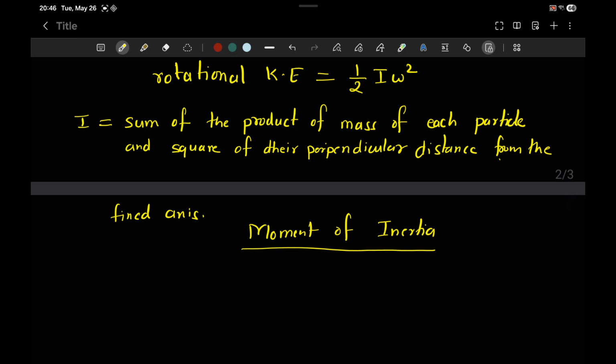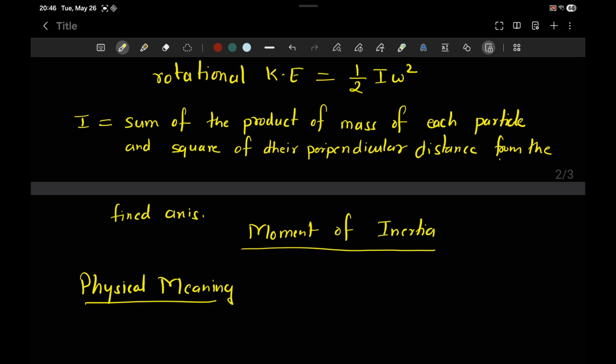Now, what is the physical meaning of moment of inertia? Physical meaning, or we can say physical significance.